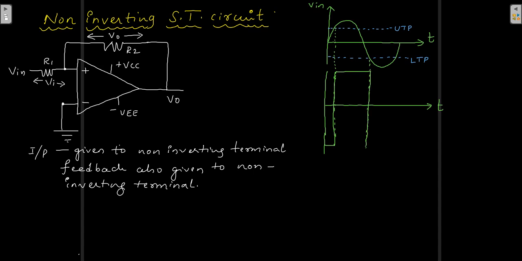You can compare this with your inverting Schmitt trigger circuit. I write it as V0, and this is plus V0 sat, this is minus V0 sat.